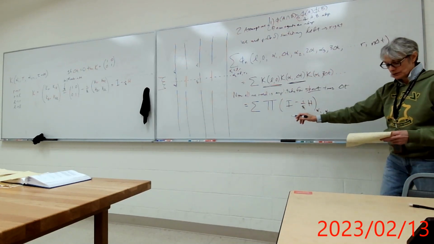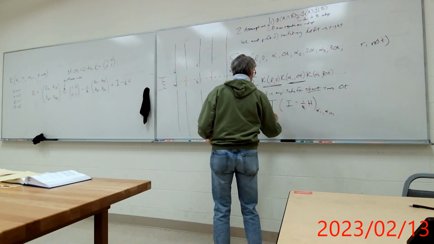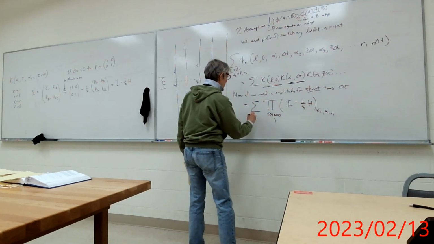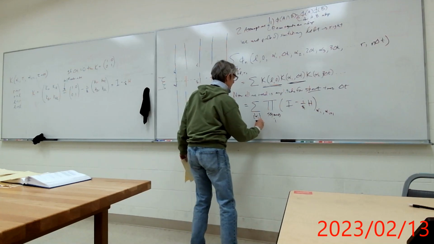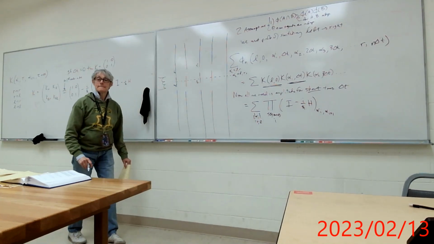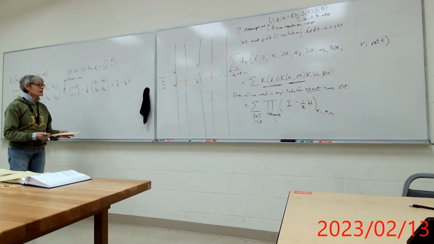And again, this is a product over the segments i, and it's a sum over these states alpha i equals right or left. So this very messy thing has become very, very simple.